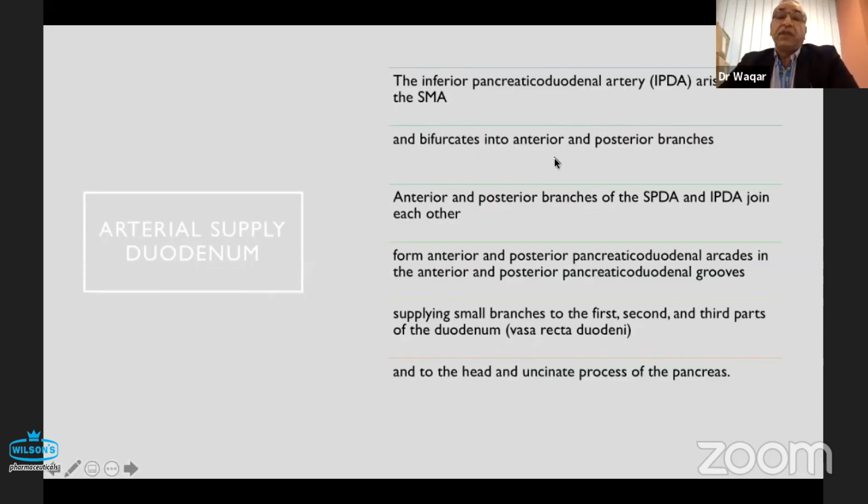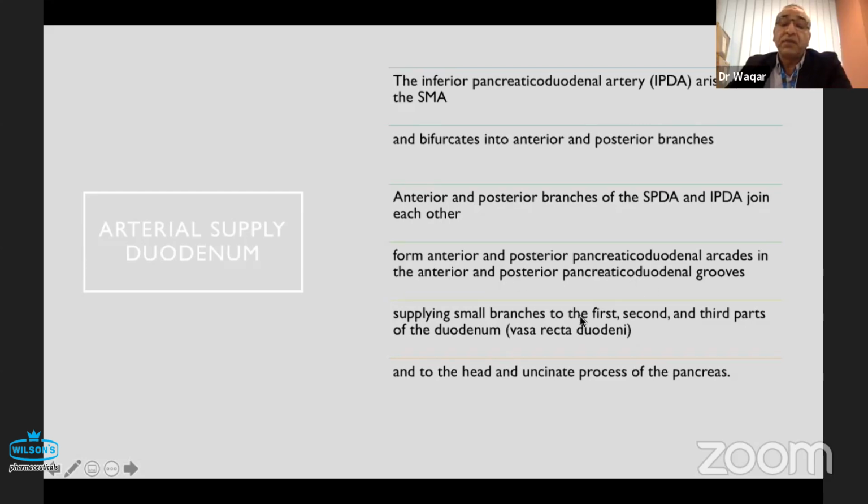So just to recap, the inferior pancreaticoduodenal artery, as I mentioned, arises from the SMA and bifurcates into anterior and posterior, and then they join the superior corresponding arteries. And so anterior and posterior pancreaticoduodenal arcades are formed in the anterior and posterior pancreaticoduodenal grooves.